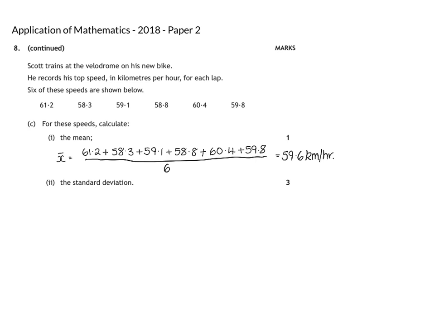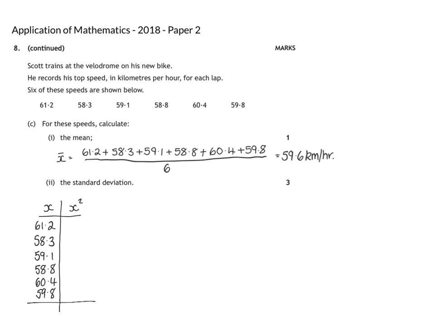So I have my x values and I work out my x squared values as well. So we've got 61.2, 58.3, 59.1, 58.8, 60.4, and 59.8.